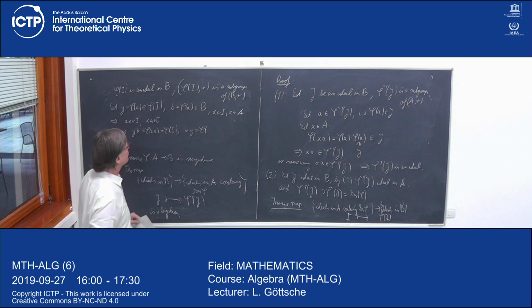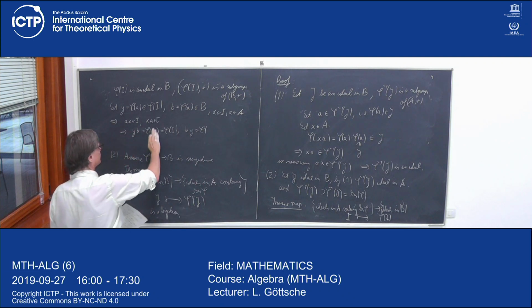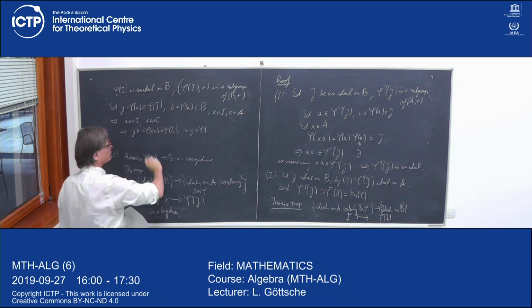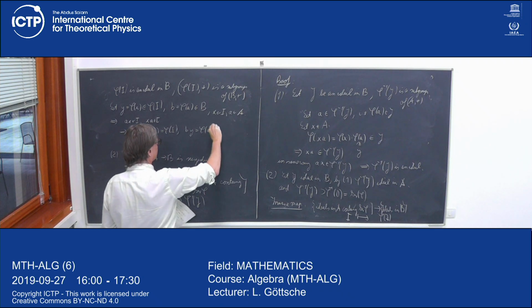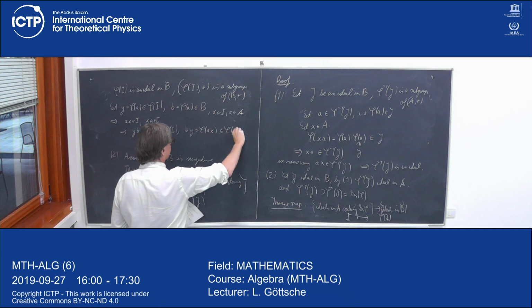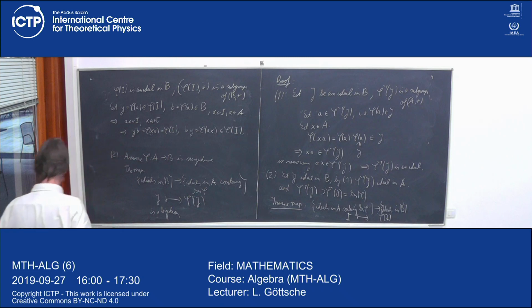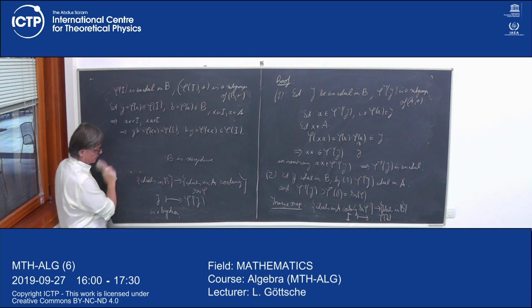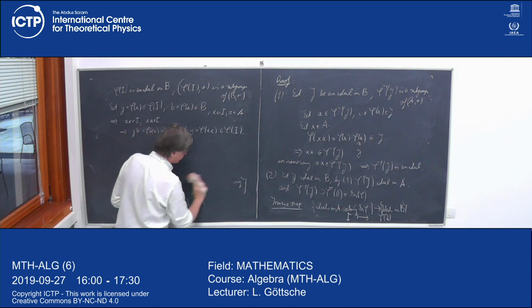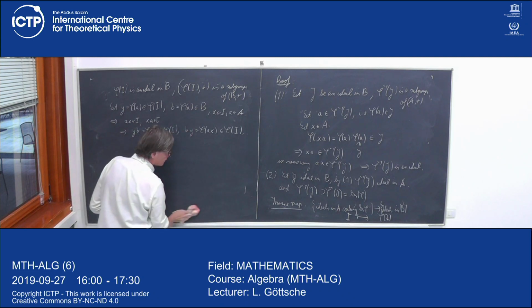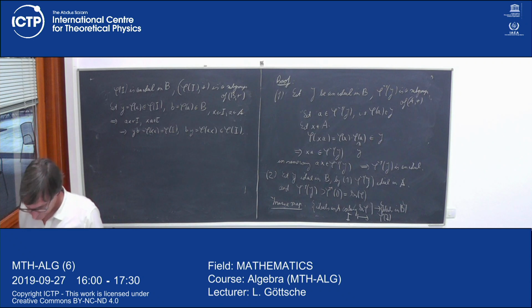So this is xa, phi of ax is in phi of I. So this is an ideal. Now we want to show that this map is the inverse.